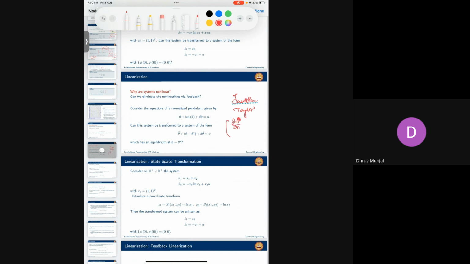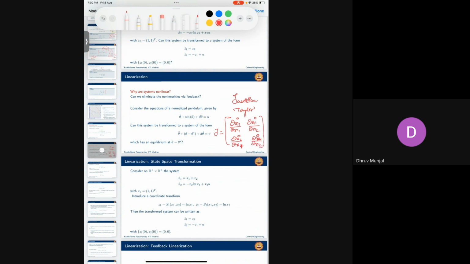So x dot is equal to dou by dou x, x dot by dou y. Instead of this, I am going to use the same representation we have used so far. Your Jacobian linearized matrix would be x1 dot by dou x1, x1 dot by dou x2, x2 dot by dou x1, x2 dot by dou x2.